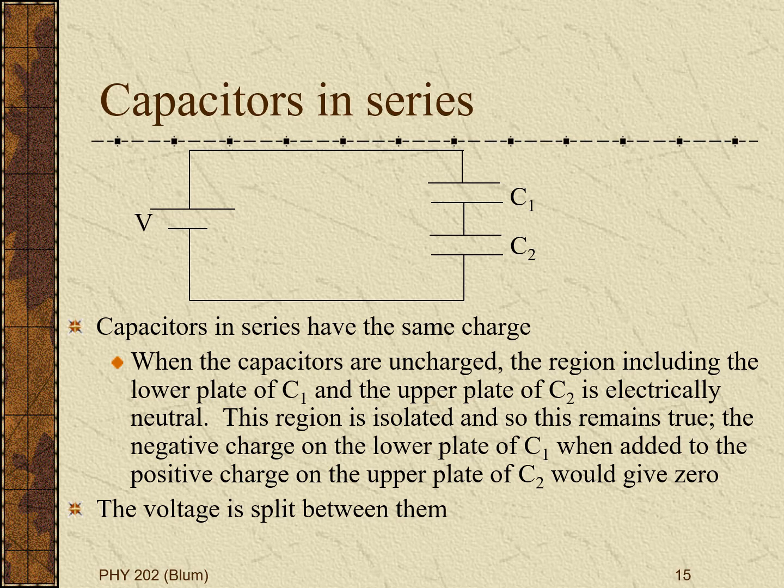So the positive charge on the top plate of C1 and the charge on the upper plate of C2 are the same amount of charge. Again, when we talk about capacitors being charged, we talk about just the positive on one of the plates. And so capacitors in series have the same charge.